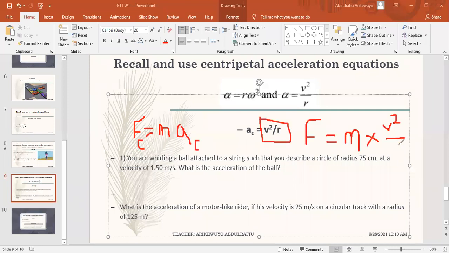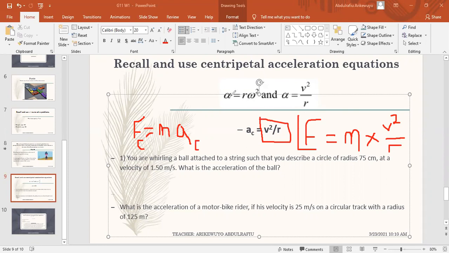Are you following? So this is the formula for centripetal force. Mass multiplied by v squared over r.